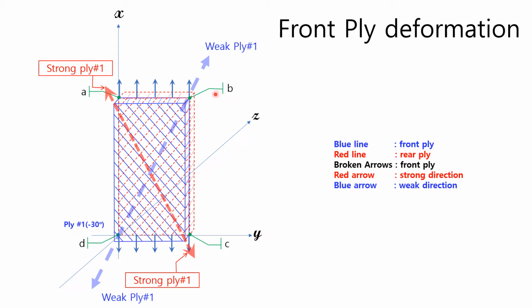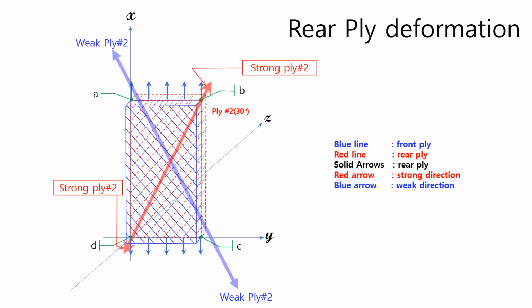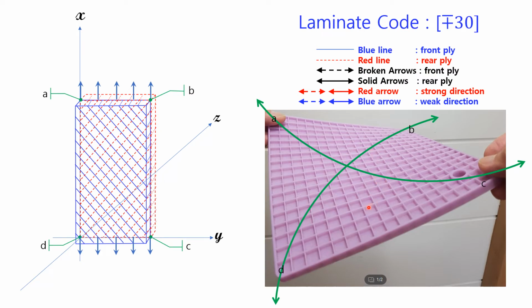Blue bold arrow means weak direction. Bold solid arrows, both red and blue, mean deformation quantity and direction of rear ply. Other definitions are the same as before. I explained this behavior of deformation in the previous video, E32.